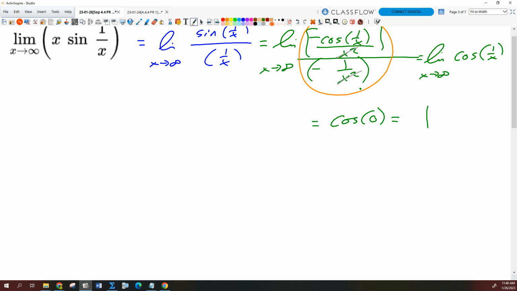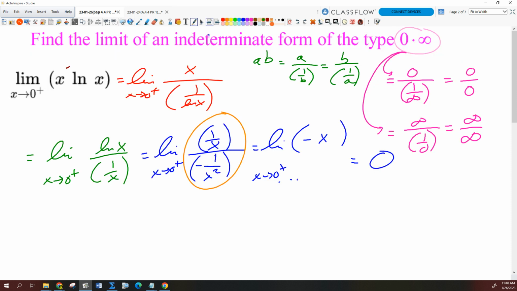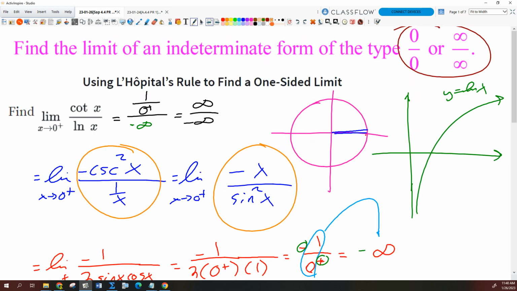Why can you not differentiate? Because L'Hopital's rule says you can only differentiate using L'Hopital's rule if you're starting with an indeterminate form. So you'd have to check, like in these last examples. We differentiated once and got this using L'Hopital's rule.